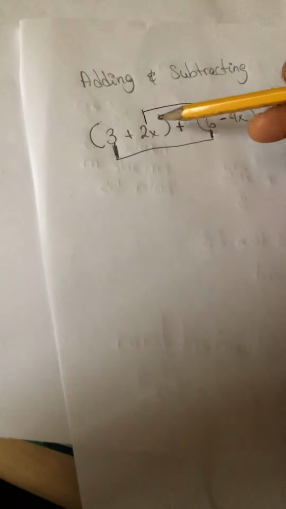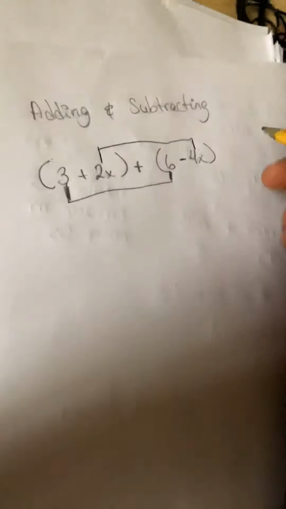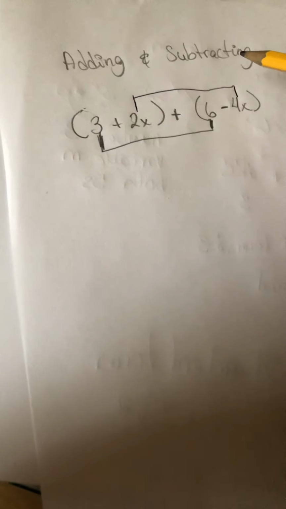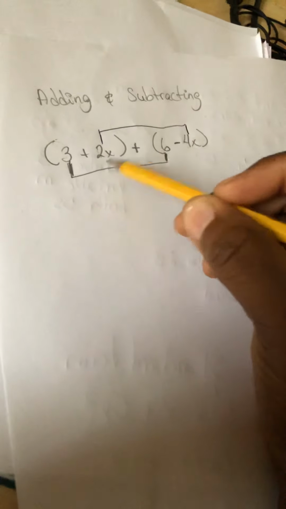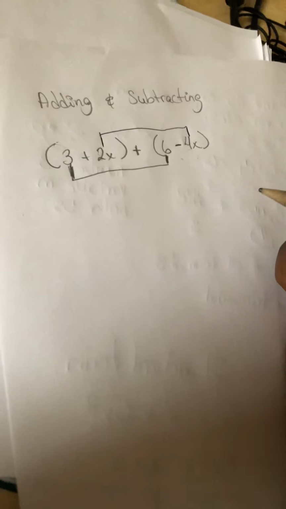So if I have 2x and negative 4x, well, think about your negative and positive animals, right? Some of you are sharks, some of you are dolphins, some of you are starfish. For our positive and negative animals, I'm going to choose lion and deer.